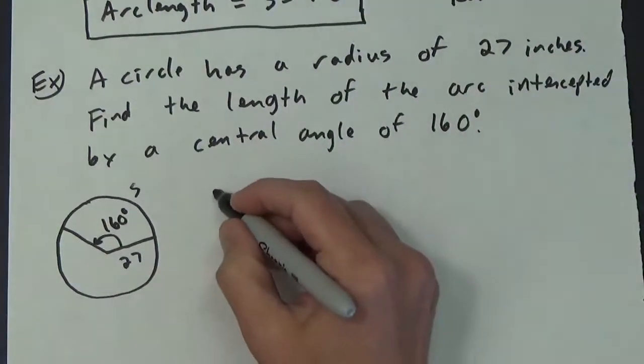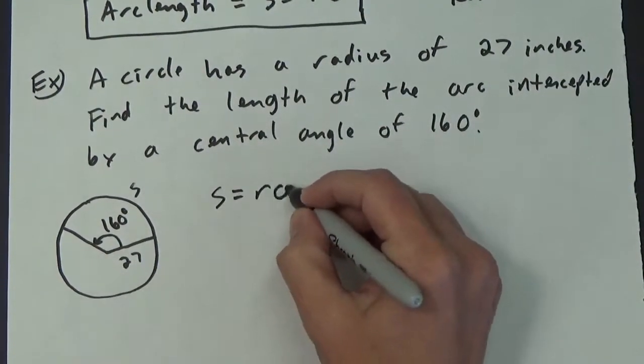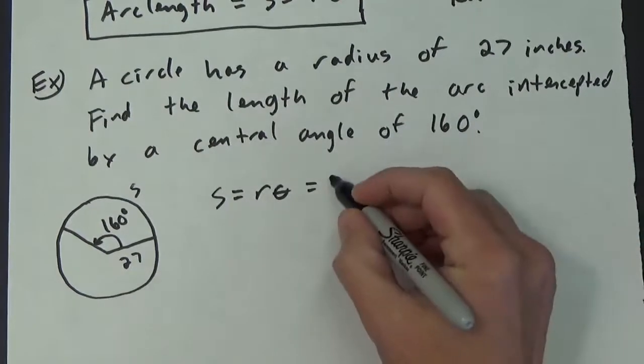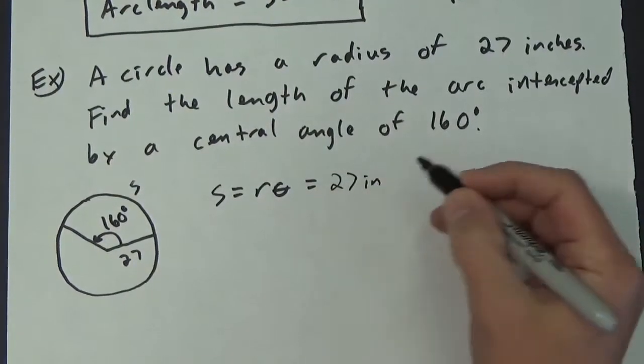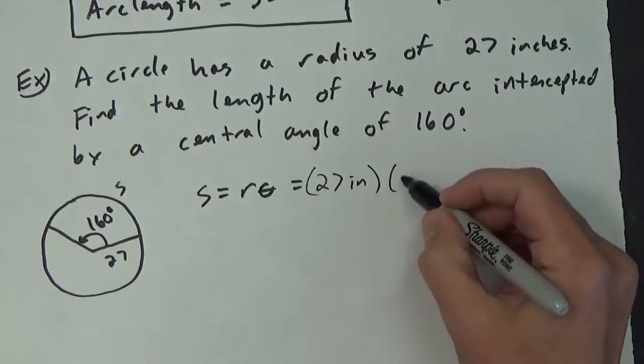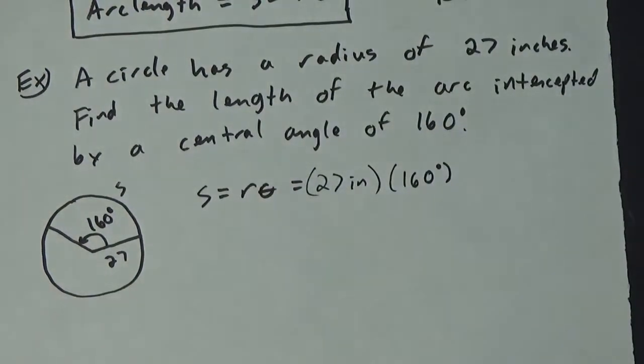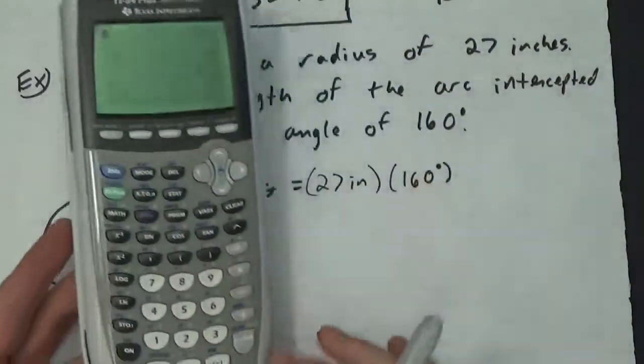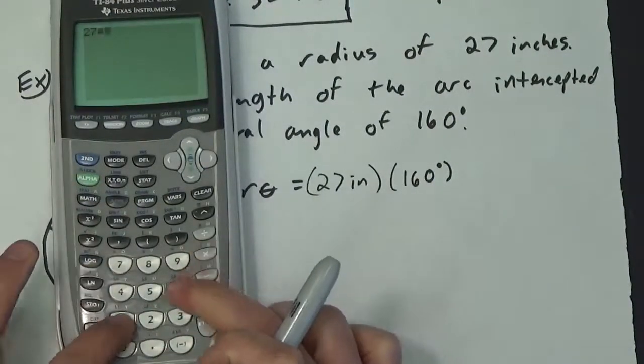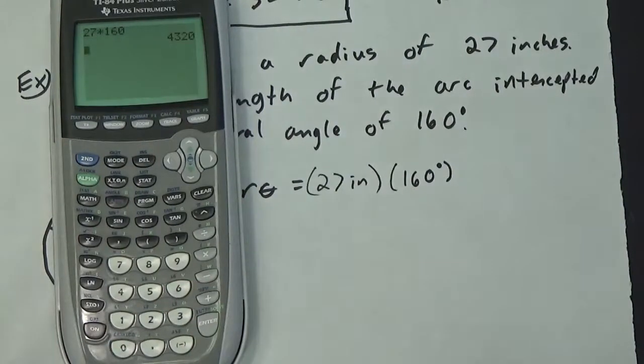All right, so we start off with S equals r theta. r, that's easy enough, 27 inches, it's given. Theta is 160 degrees. So we take out our calculator and we say 27 times 160, 4,320 inches. And you look at that and think, wait a second, that makes no sense.